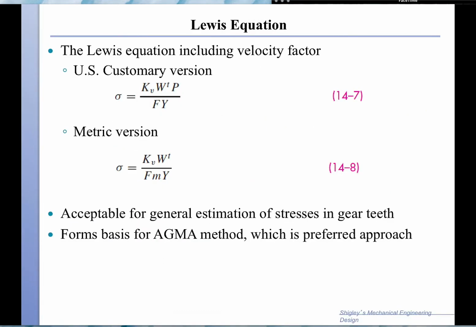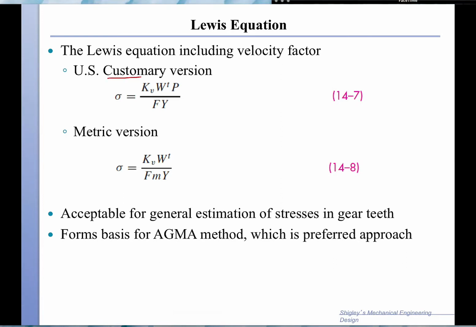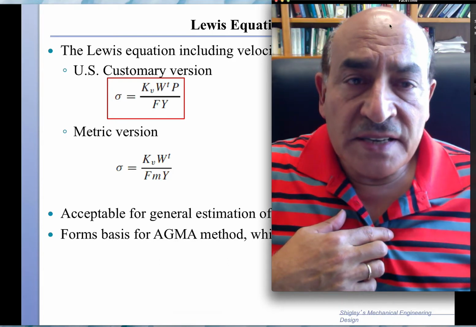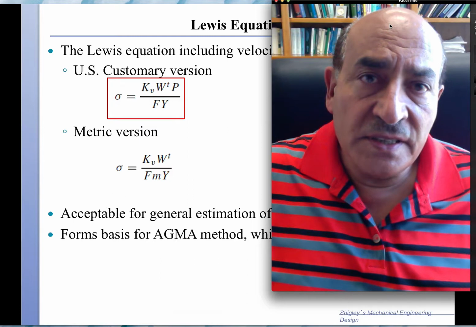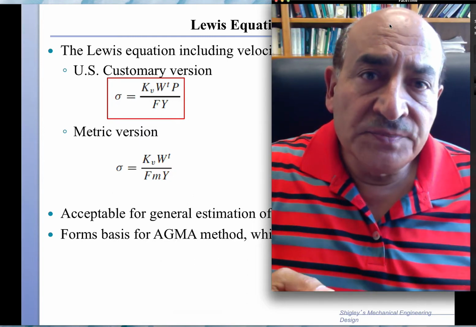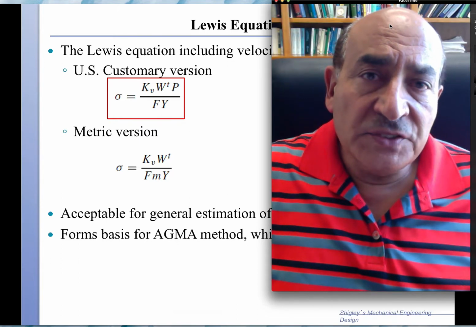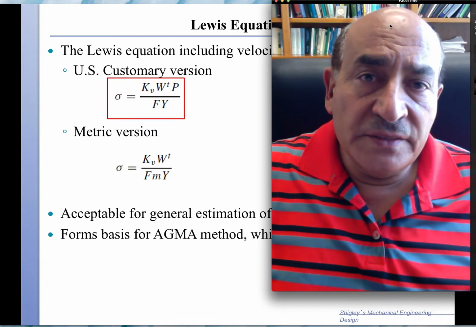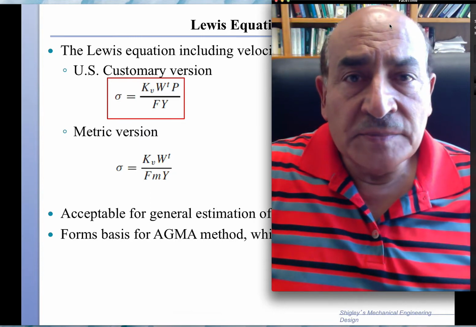So finally, we have one formula in US customary units that gives us the bending stress, the Lewis formula, in which we have the product of the tangential force and the diametral pitch divided by the face width F and the Lewis factor.